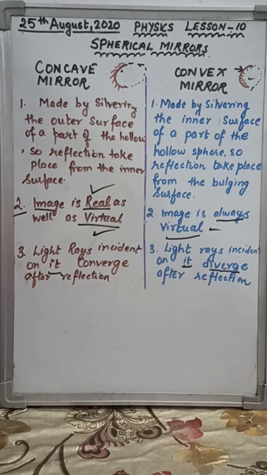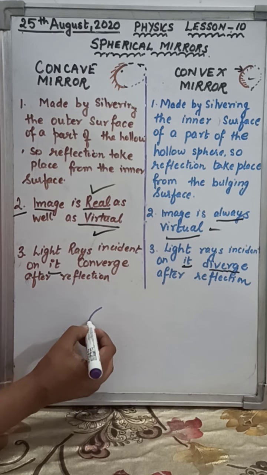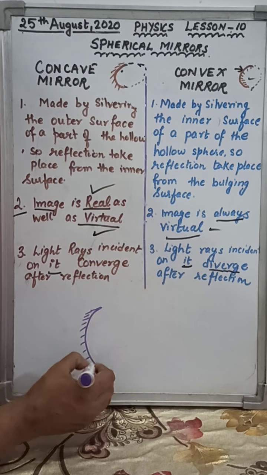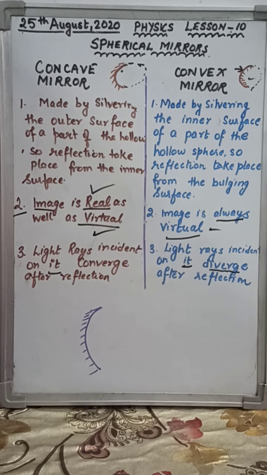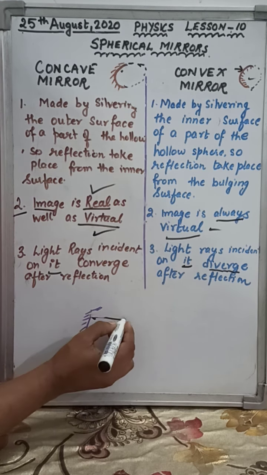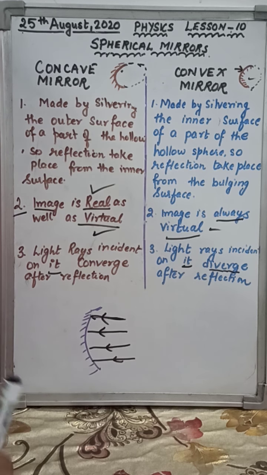Now we will see how this concave mirror acts as a converging mirror. So this is your concave mirror, and if parallel light rays are incident on the hollow surface or inner surface, after reflection what will happen?